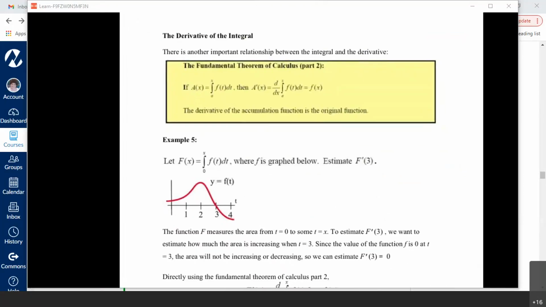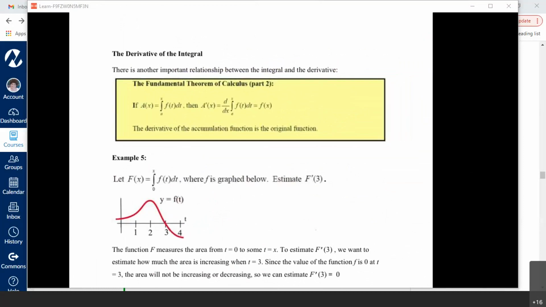All right. So let's talk a little bit more in detail about the derivative of the integral. We had one problem like that without formalizing it, trying to get you to think about what's going on. But here's the formal relationship. If your total function is the definite integral of your rate function, then if you differentiate that, you get the rate function back.